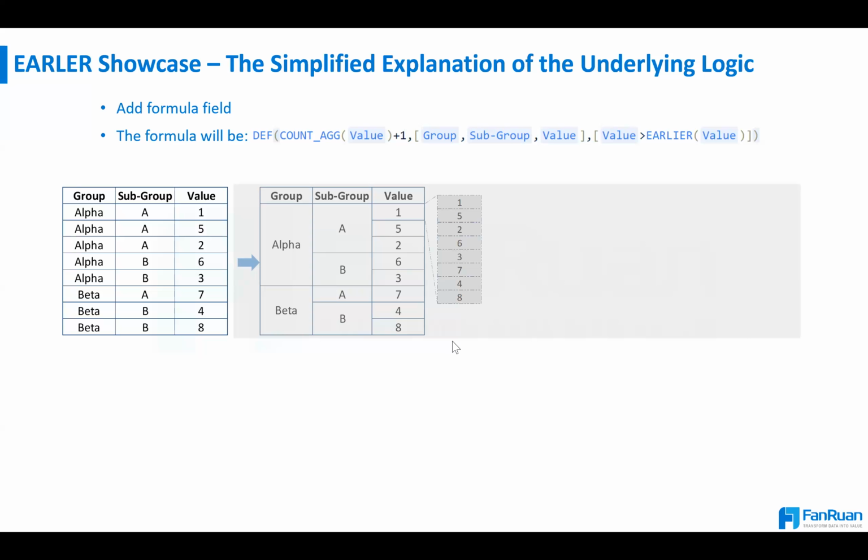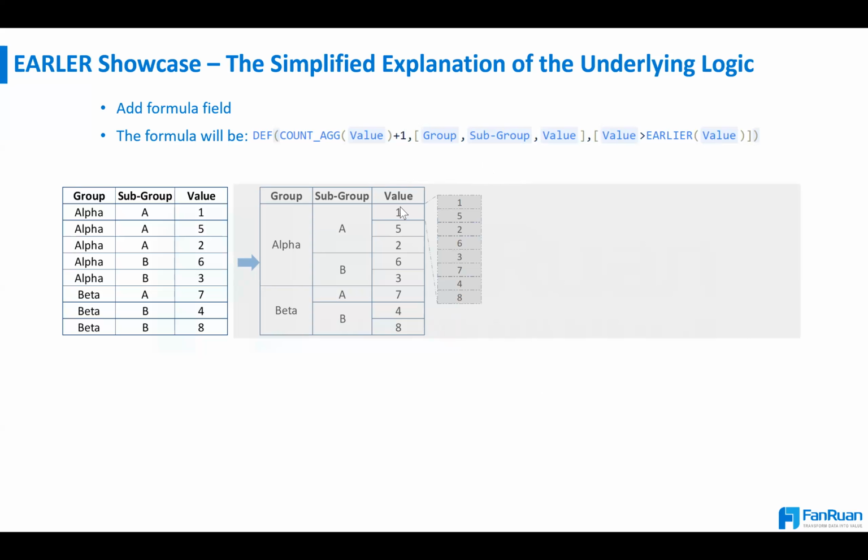And you can see I drew a graphic on the right, which is a whole column of value. If you use EARLIER in your calculation, it will create a subview for each individual cell of your aggregation. And the expanded view is a whole column of your currently calculated column.